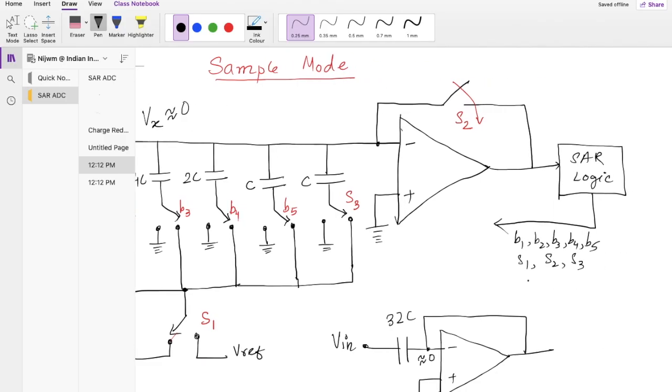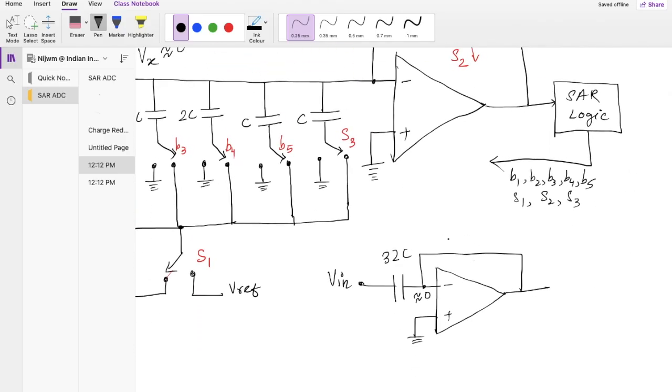We have first released this S2, so this is open, and because the charge is already there and we have suddenly connected this to the ground, the whole polarity of these capacitors gets reversed, since there is no path for the charge to flow once the switch is removed.